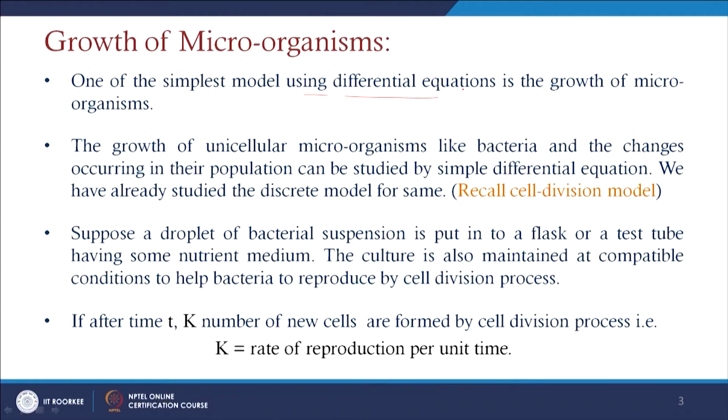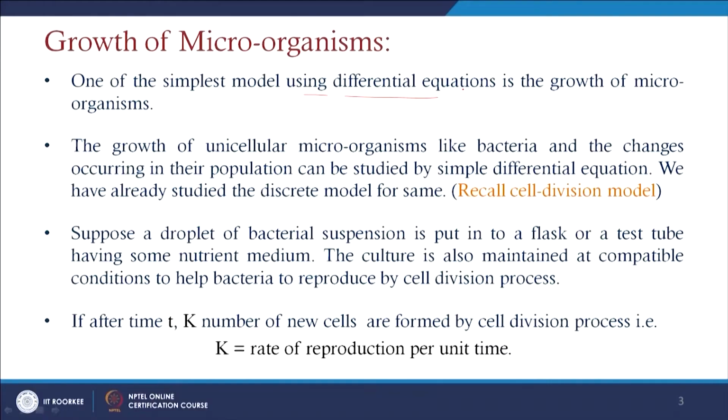Each individual can be divided uniformly to get new cells, and we can formulate this model using differential equations. We have already studied the discrete model for the same, where we wrote the model in the form Cn equals alpha Cn minus 1, which is called the cell division model.